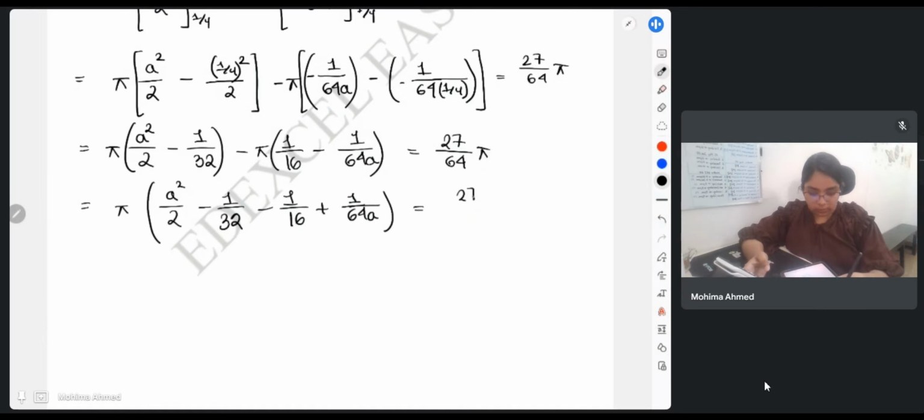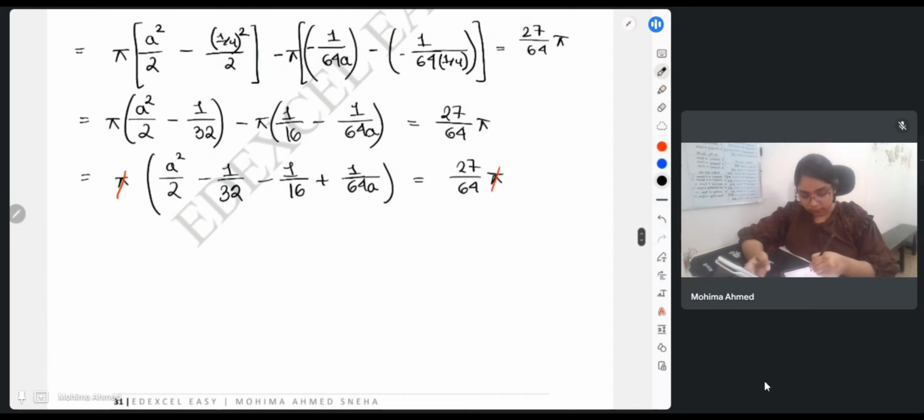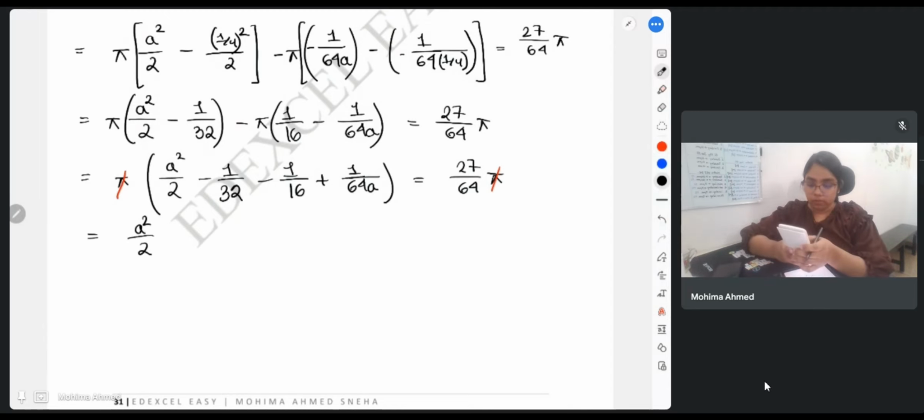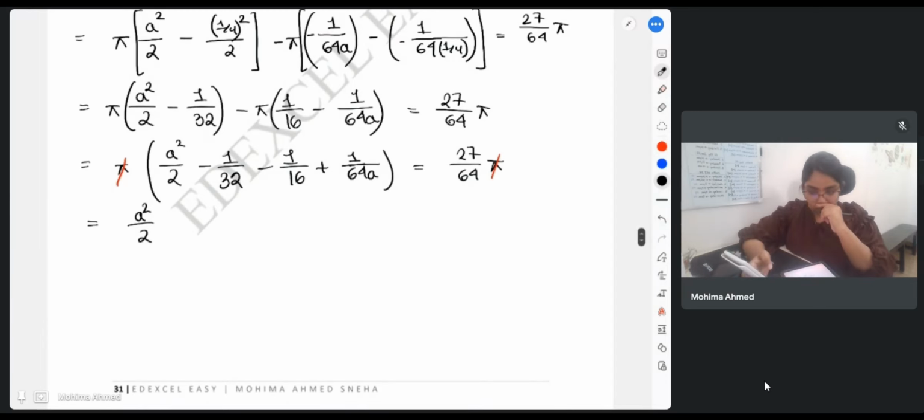This is also equal to 27/64 pi. Finally, the pi's on all the sides are cancelled out. And now you have a²/2, 1/32. So 1/32 and 1/16 are actually going to be added together, and you're left with 3/32.